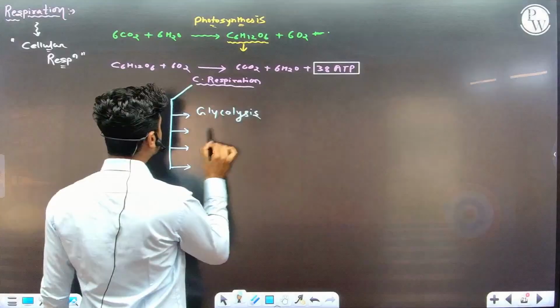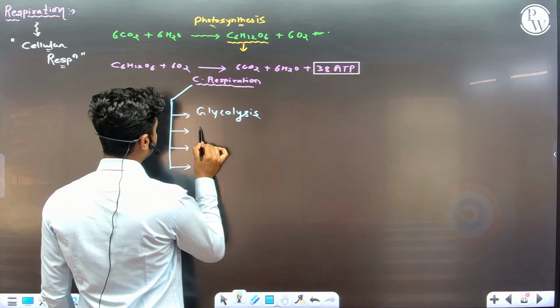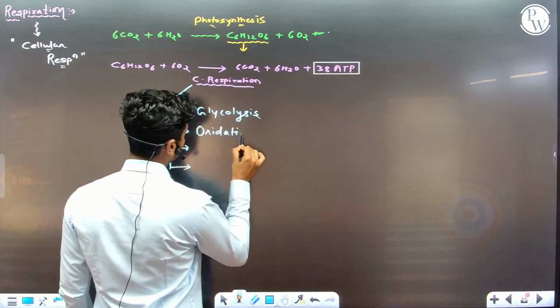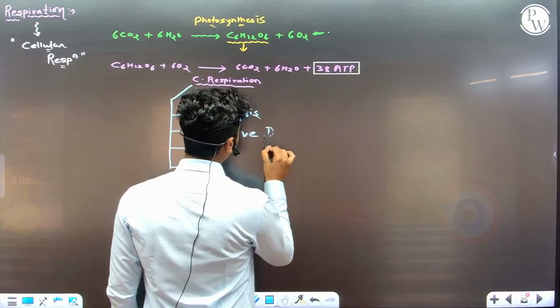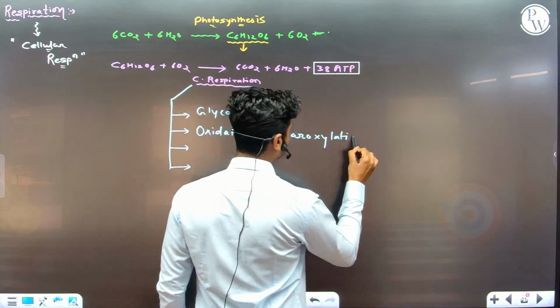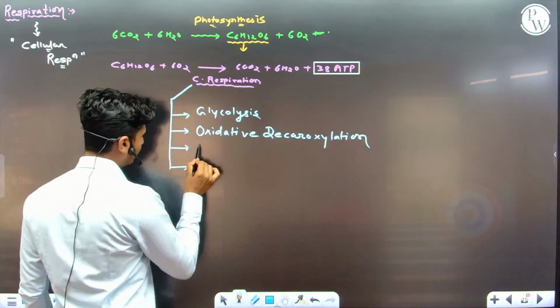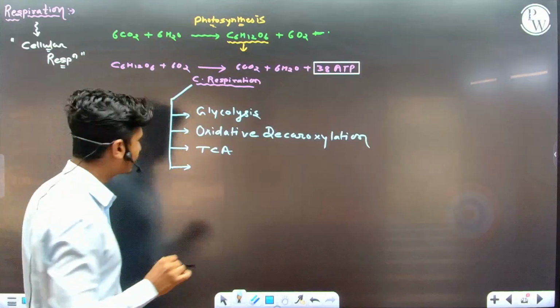Second thing is oxidative decarboxylation, which is also known as link reaction. Then third one is the TCA, tricarboxylic acid cycle.